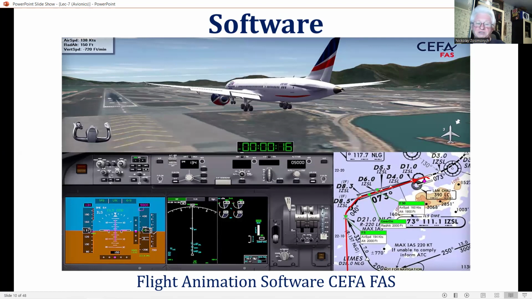And this is because of the size of the software which is required to carry out all the flight control functions and the problems of establishing the safety of the software.